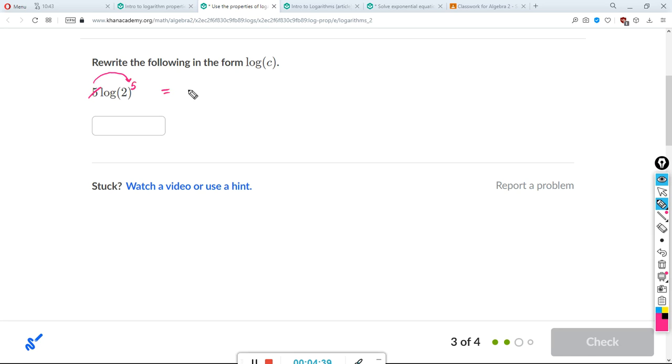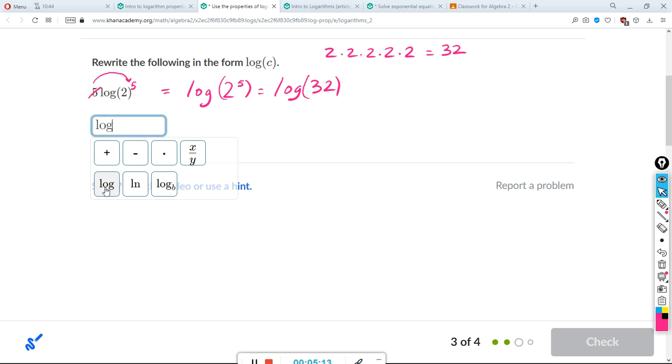So this is going to be the log of 2 to the 5th. And 2 to the 5th, you have 2 multiplied 5 times, that's just 32. So in place of 2 to the 5th, I'm going to write 32. Again, you can put parentheses if you want, but you don't need it. So I click log, type 32.